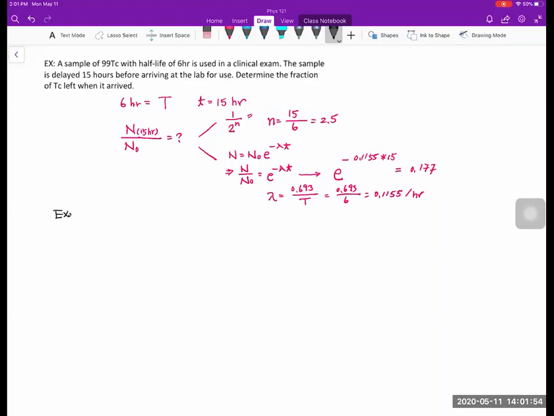Let's say we have a radioactive sample, and the sample initially undergoes a decay rate of 4.8 times 10 to the 4 decays per second.